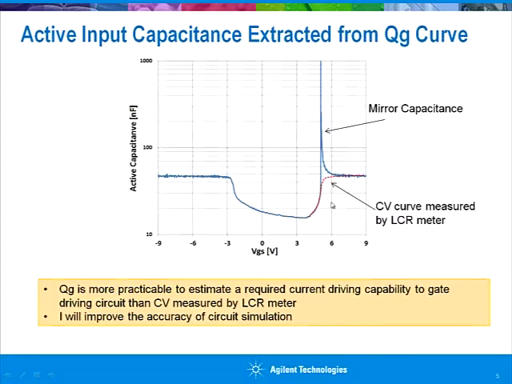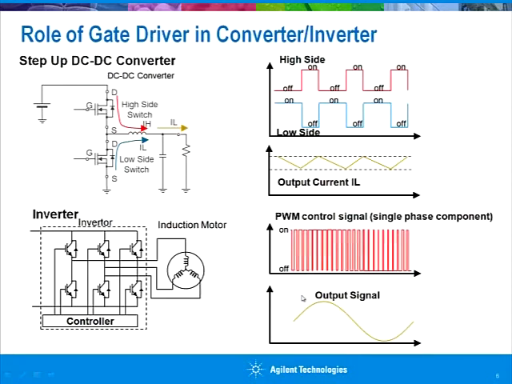So in actual device circuit simulations, using this kind of active, dynamic capacitance instead of static capacitance measured by an LCR meter is more efficient. That's the reason why QG measurement is very important for power device circuit designers.